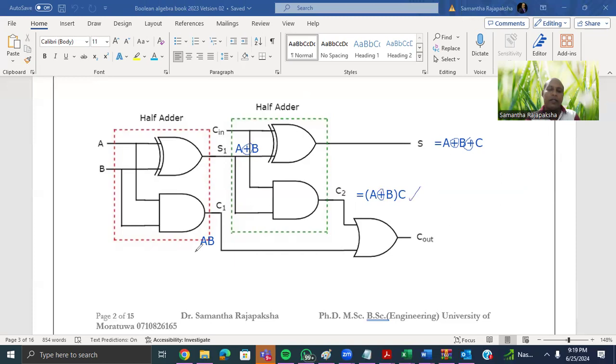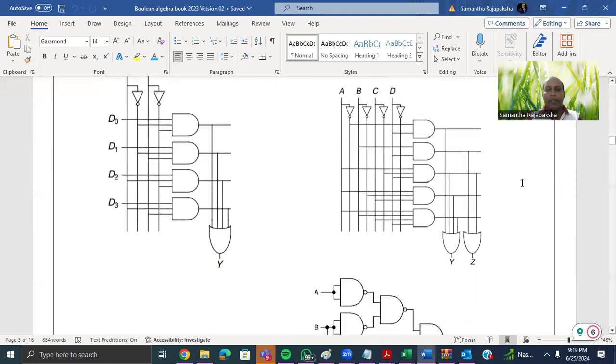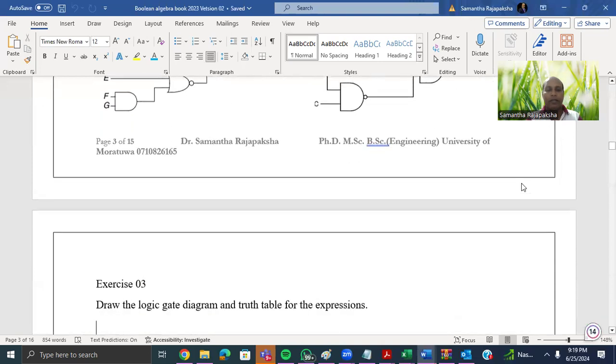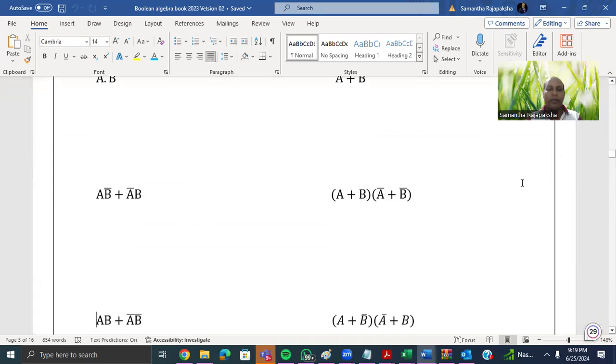This one and this one should be added here as output. So that's the Boolean expression you will get for the output. Then other cases are not difficult, therefore I just skip that. You can just try out later.